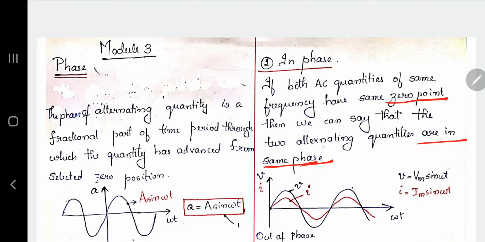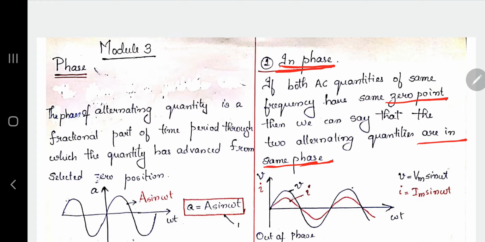We can say that the two quantities are in same phase, or we use the term in phase here. If both quantities having same frequency have their same zero point, then we can say that the two alternating quantities are in same phase or in phase. Okay, so here you can see a waveform.